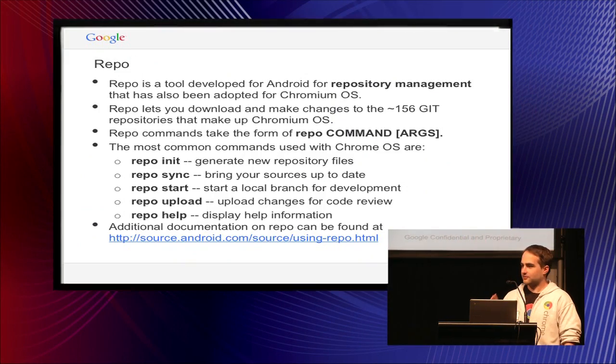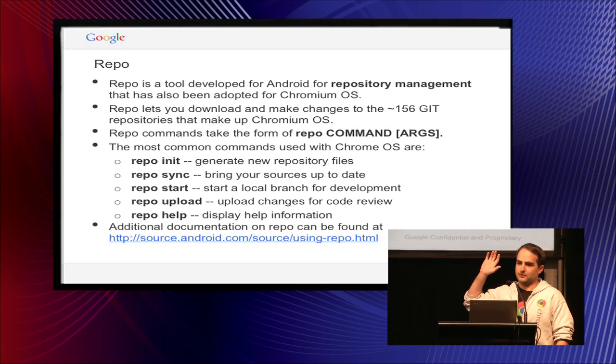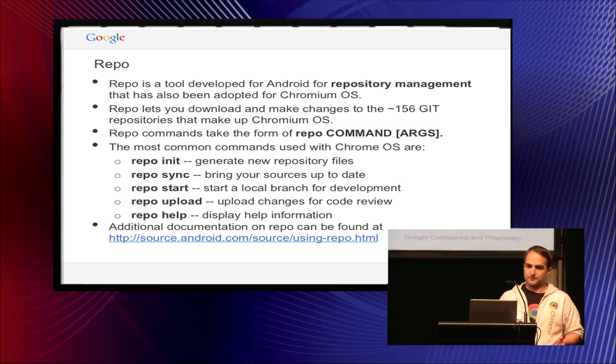So if you've started Chrome OS development at all, you may have seen the repo tool. No need to look at all these, lot of text here right now, but this is kind of a reference. Repo is basically what we use to get all your sources in place and keep them up to date. It actually came from Android, and it's basically a way of having a whole bunch of Git repositories managed at once, which is important because we have a whole lot of Git repositories in Chrome OS.